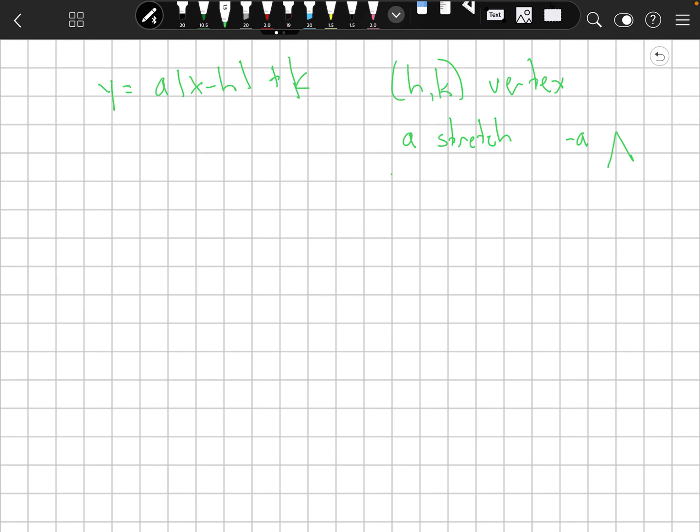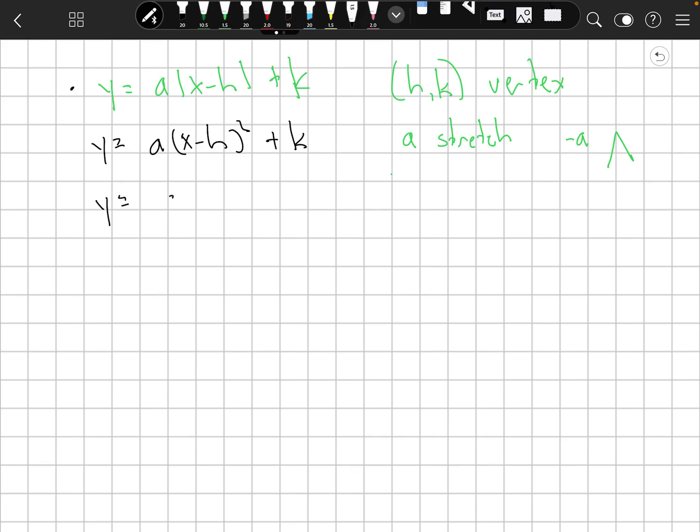This might look really familiar to you. I hope it does, because in quadratic functions we said y equals a times x minus h squared plus k. Same kind of structure in that. And so yeah, there's a comparison here. Recently we've worked on square roots.